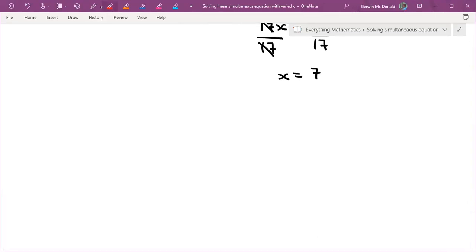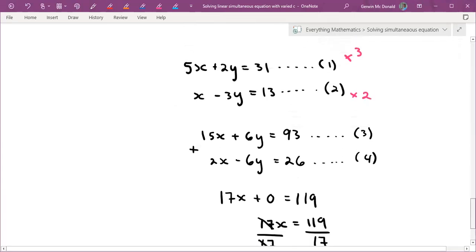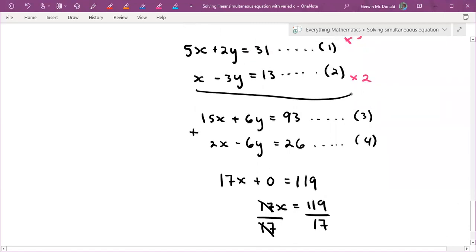Right, so we know that x is 7, and that looks like a plausible answer again for me. So x equals 7 into, we're choosing another equation, into equation, which one are we going to choose? Let me go back and see. So we have 1, 2, 3. Oh, equation 2 seems to be the easier one again. This one here. So I'm going to choose that equation there.